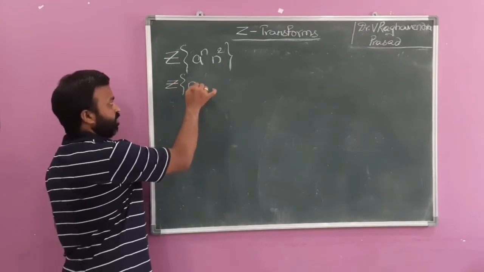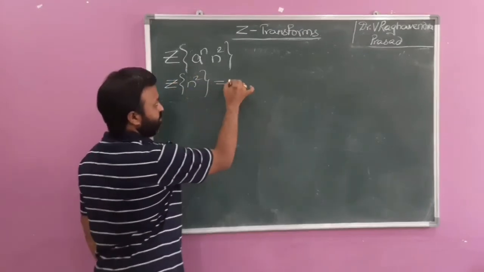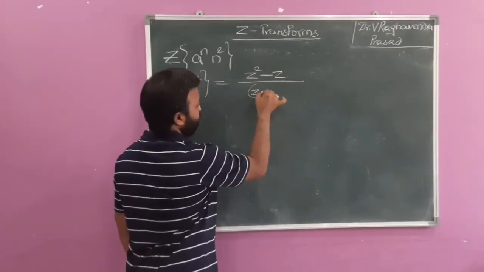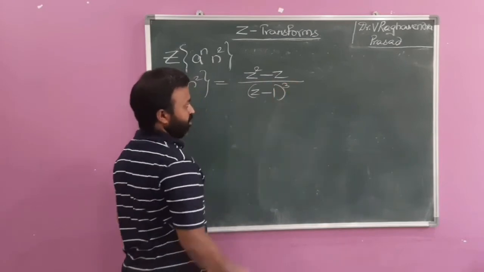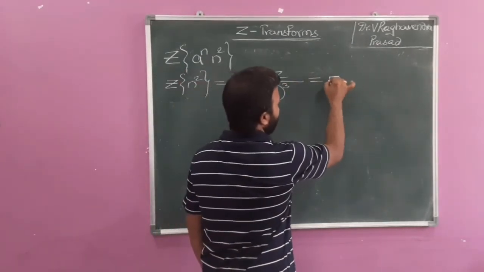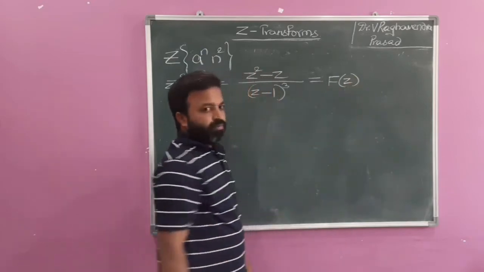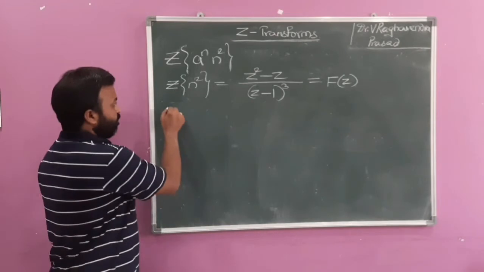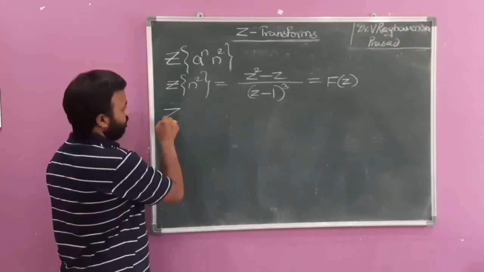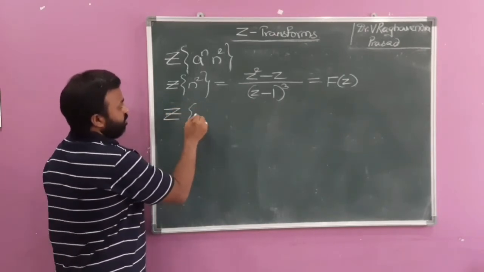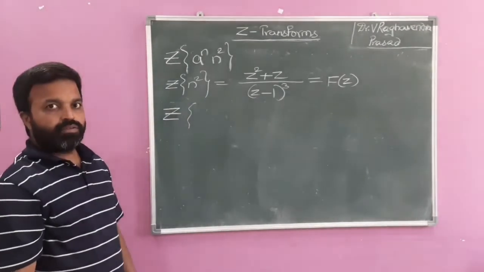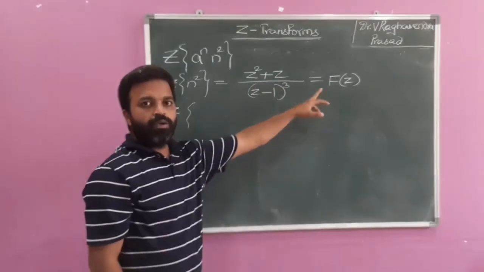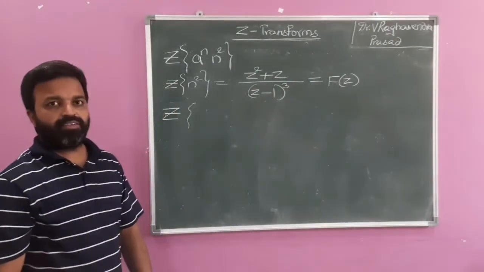We know that the z transform of n square is z square plus z by z minus 1 whole cube. Let us suppose this is equal to f of z.